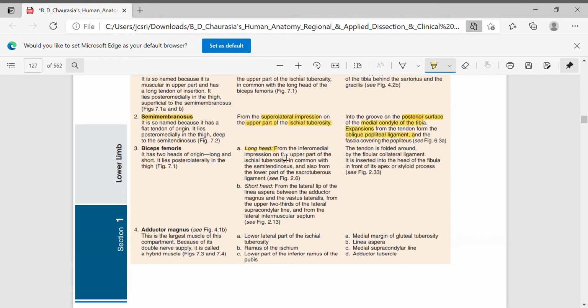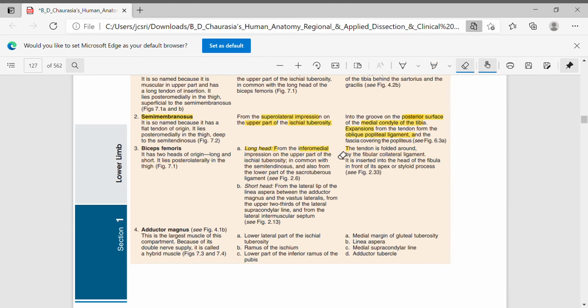The long head is from the inferior medial impression on the ischial tuberosity. As I mentioned, the ischial tuberosity has a superior lateral and an inferior medial impression. In the inferior medial impression, you see the long head. In the superior lateral impression, you see the semimembranosus.